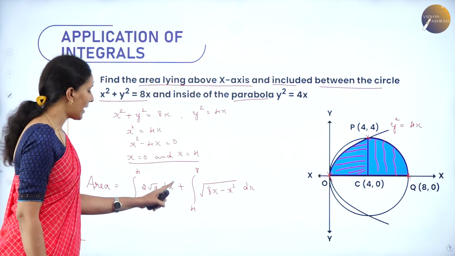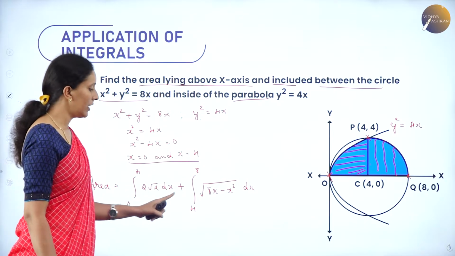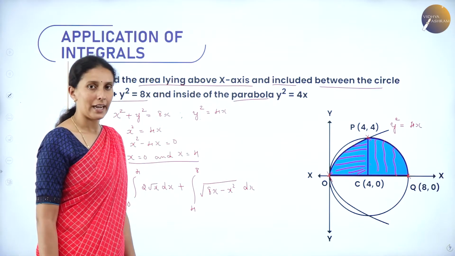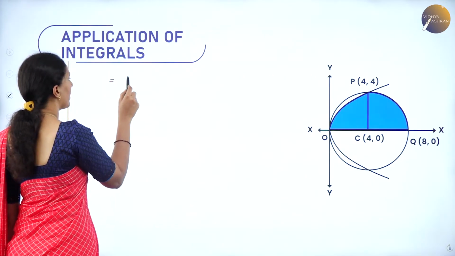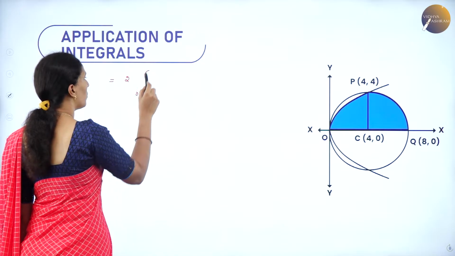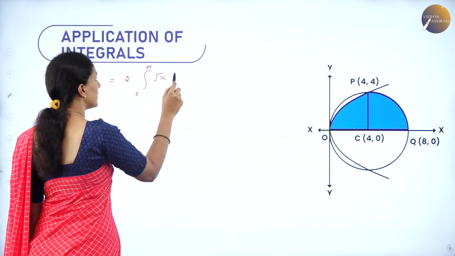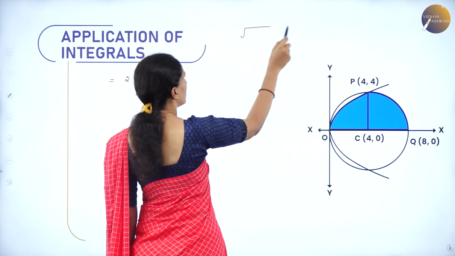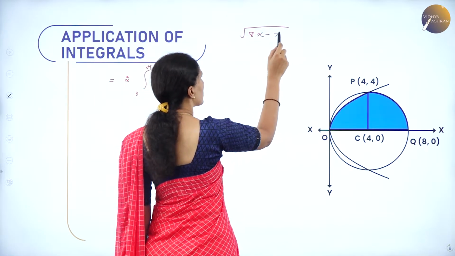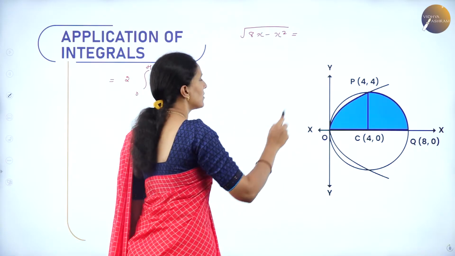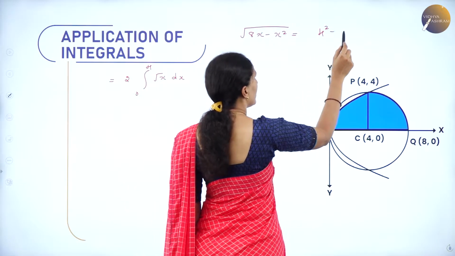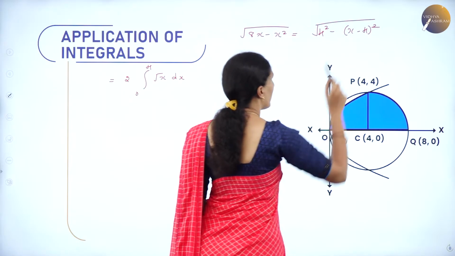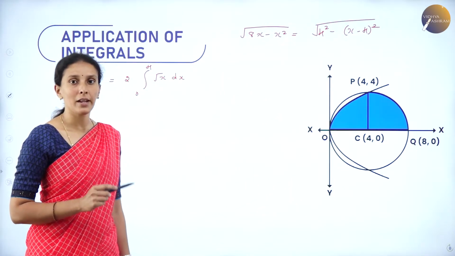Now here I can apply the integration easily, but let us convert this into the standard form of the integral. So now I can write 2 times the integral from 0 to 4 of root x dx. Now square root of 8x minus x square can be written as 4 square minus (x minus 4) whole square, by using the completing square method.